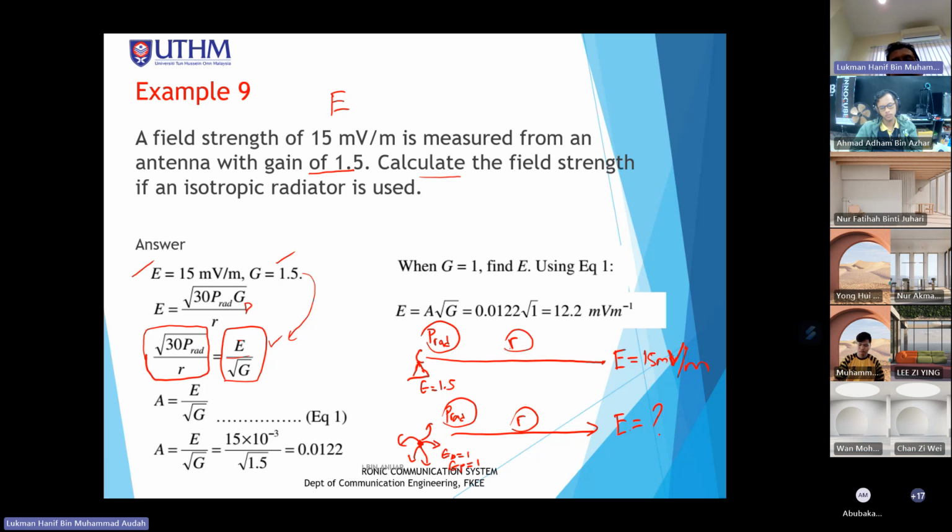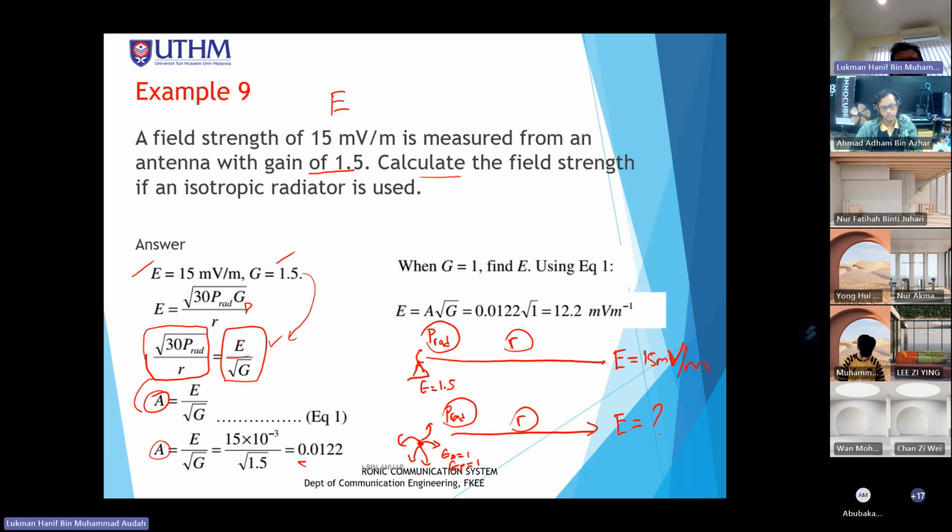Both antennas use the same P radiation and the same distance. So we assume this becomes a parameter, a variable A, equal to E over the square root of G. Therefore A is equal to the E field divided by the square root of the gain.